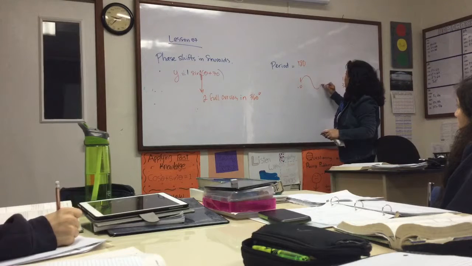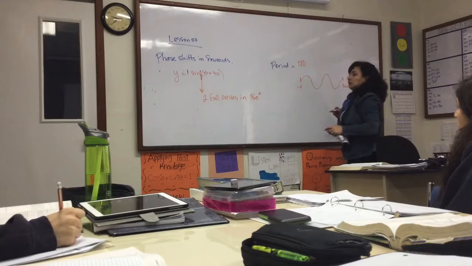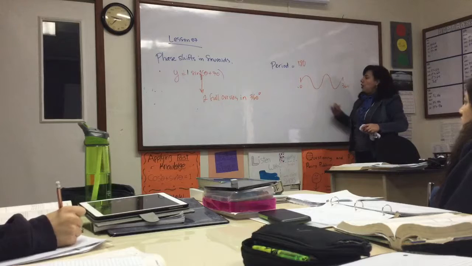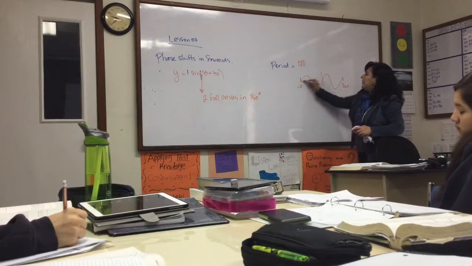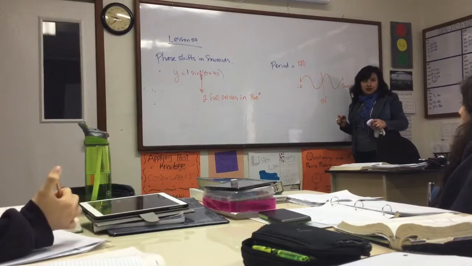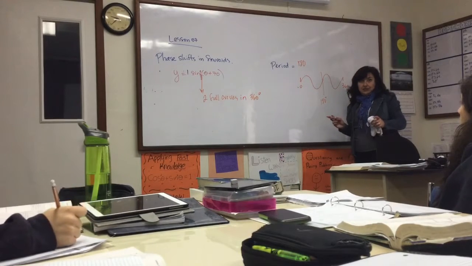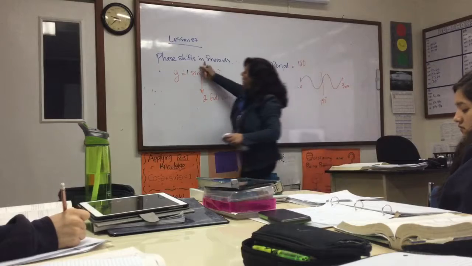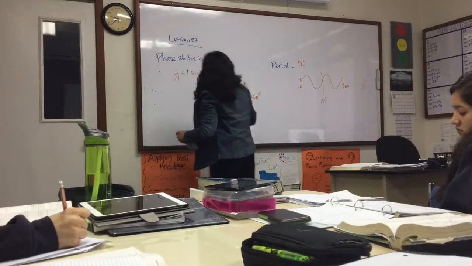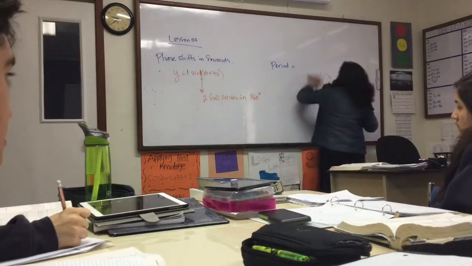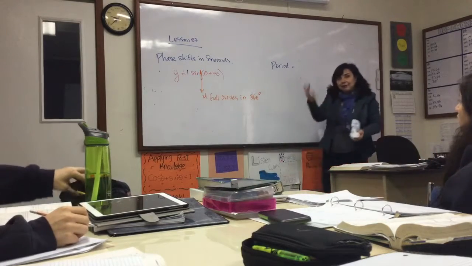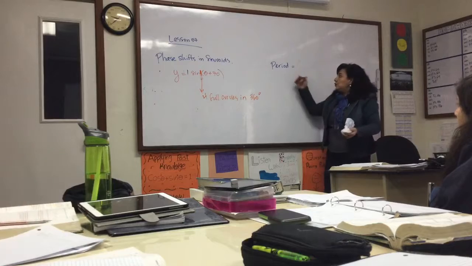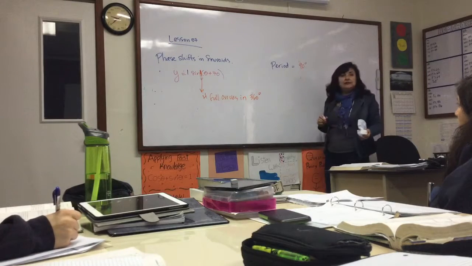You've got to go 1, 2. So this one halfway here has to be 180. There's your full one in 180. Does that make sense? If I put a 4 here, what will my period be? 90. Because I have to fit 4 of them in 360. So my period has to be 90.